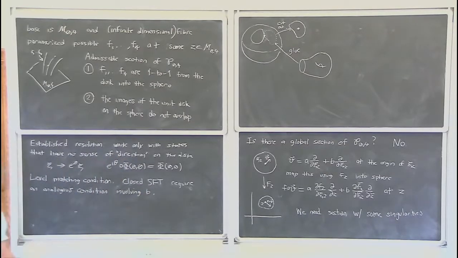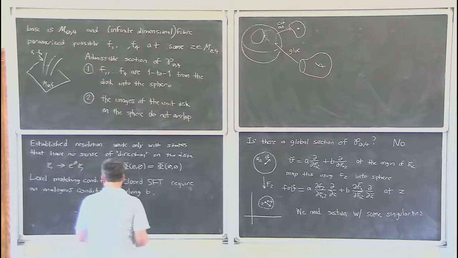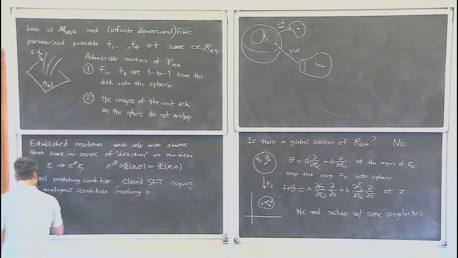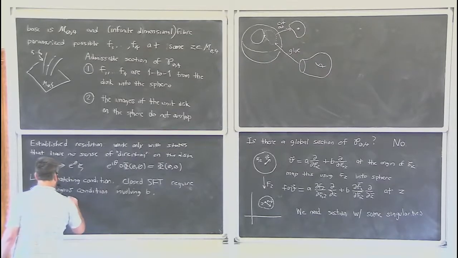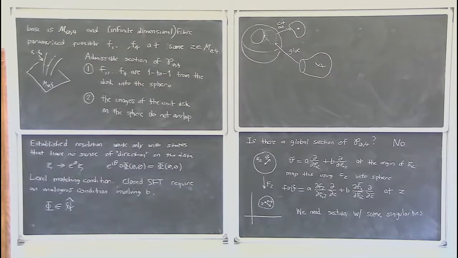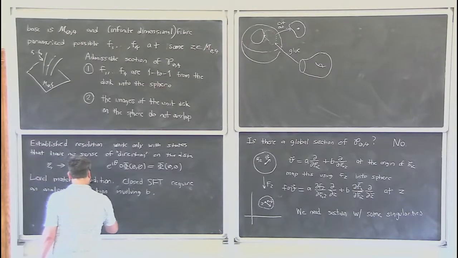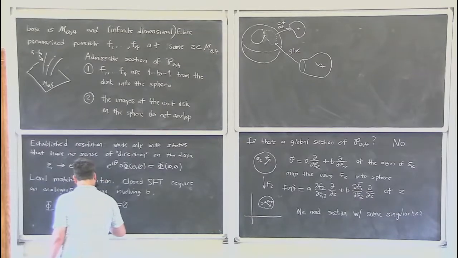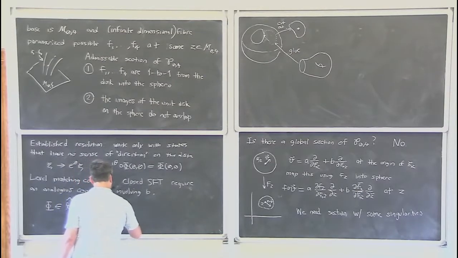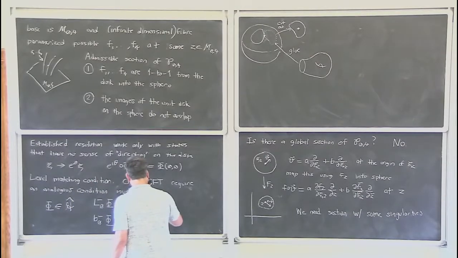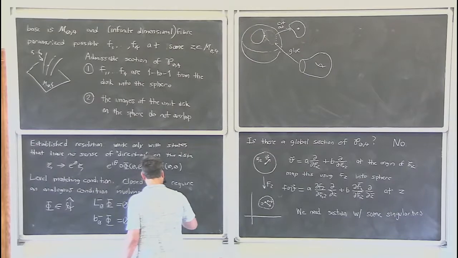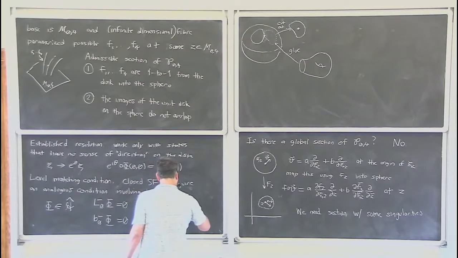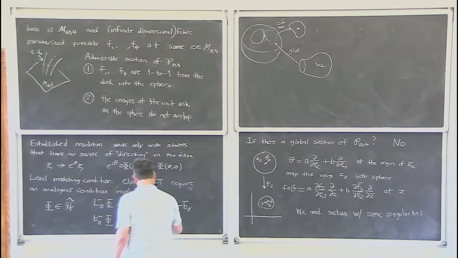And without further motivation, I will just claim that the space of states on which we will attempt to define off-shell amplitudes is characterized as follows: a state phi is in this H hat, where we are trying to define our off-shell amplitudes, if it satisfies L0 minus phi equals 0 and B0 minus phi equals 0, where the notation B0 minus is equal to B0 minus B0 bar, and similarly L0 minus.